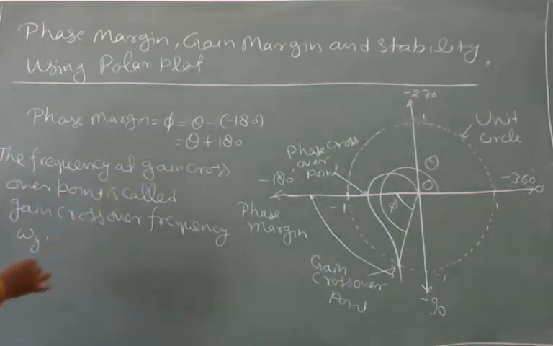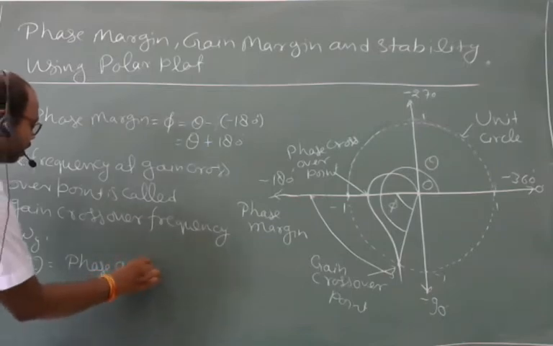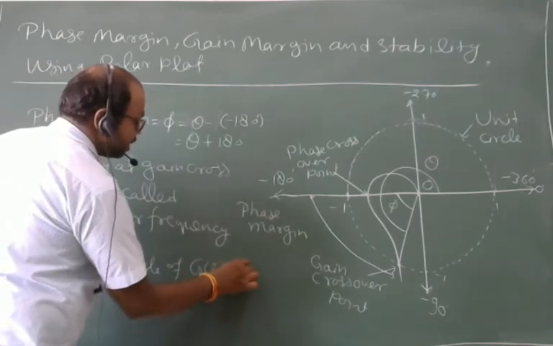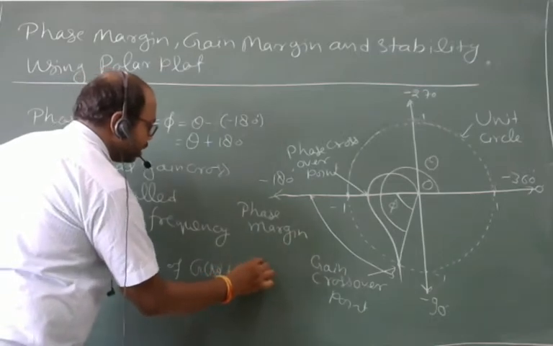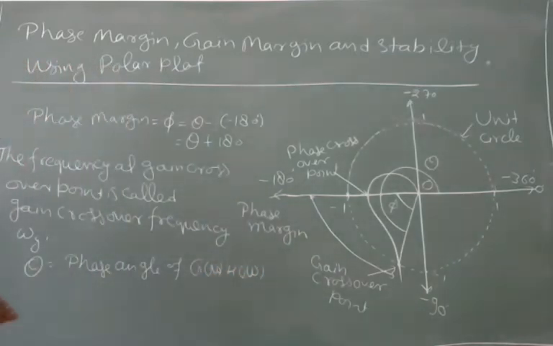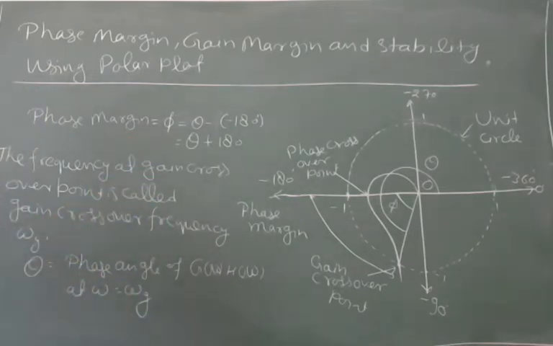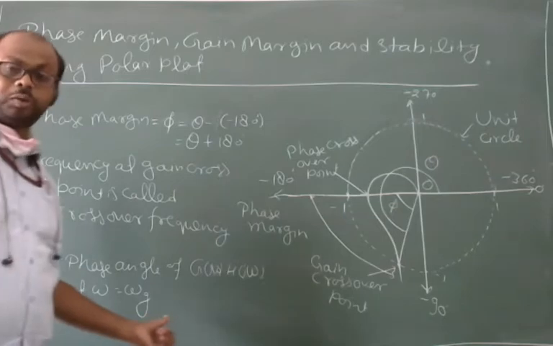And what is theta? Theta is the phase angle of G j omega H j omega at omega equal to omega g, right?